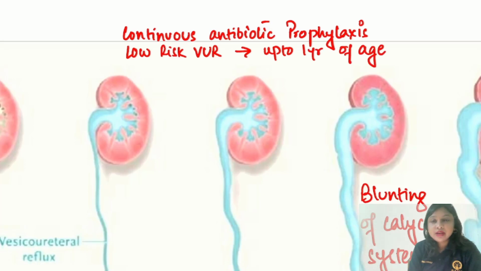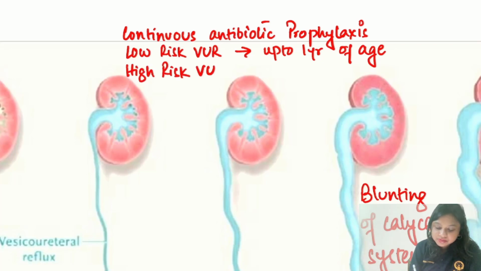And if the child has any breakthrough UTI, suppose you gave the prophylaxis up to 1 year of age and then the child presents with a breakthrough febrile UTI, then you need to restart the prophylaxis. In high risk VUR, that is grade 3 and onwards, you need to give it up to 5 years of age.